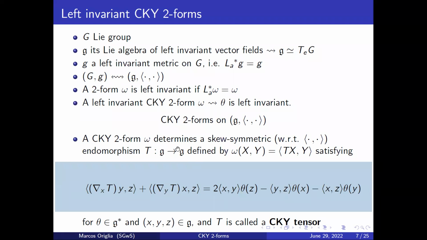So any conformal Killing two form determines a skew-symmetric tensor with respect to the fixed inner product, which is an endomorphism T satisfying this equation, right? So the same equation we had for omega, we have for T. This equation in blue is our main tool to get examples, and at the end our classification in dimension 5. So here theta is the integral of the Lie algebra, and we will call this T the conformal Killing tensor. So to talk about conformal Killing tensor or conformal Killing two form is the same.